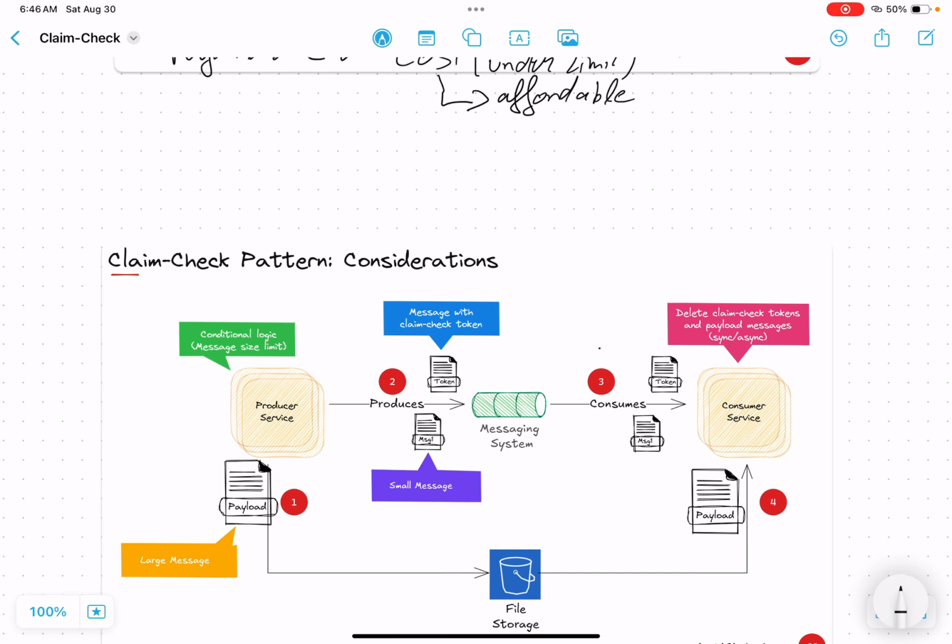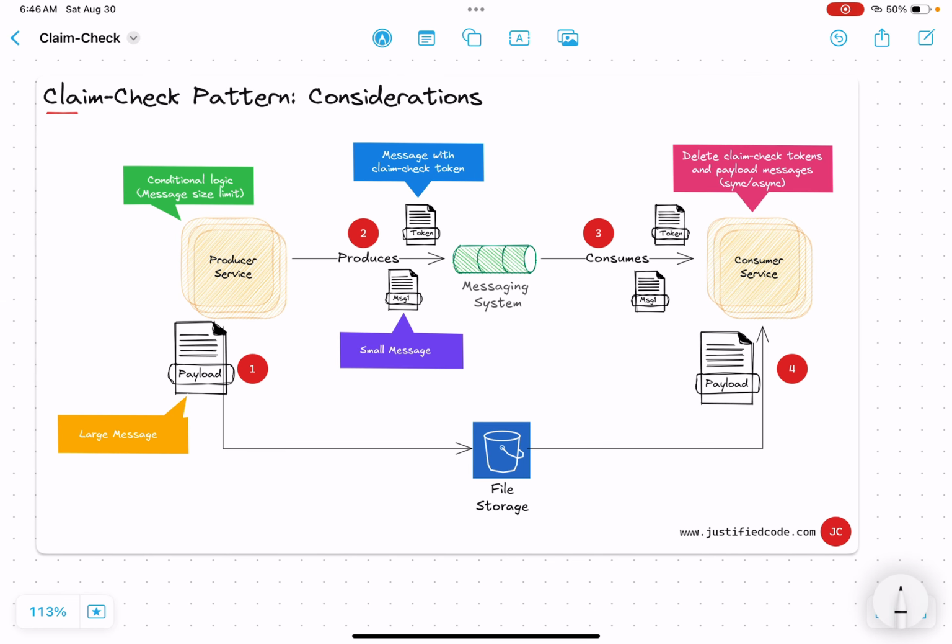Now there are several things you need to consider before implementing this pattern. The first thing that happened with us, when we thought about that pattern, is that developers wanted to always go with the file storage and send tiny tokens to the messaging system. That's an extreme opinion. Whenever you go into an extreme decision or an extreme opinion, guys, extreme leads to a bad place.